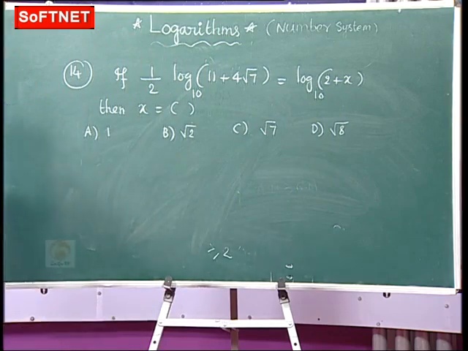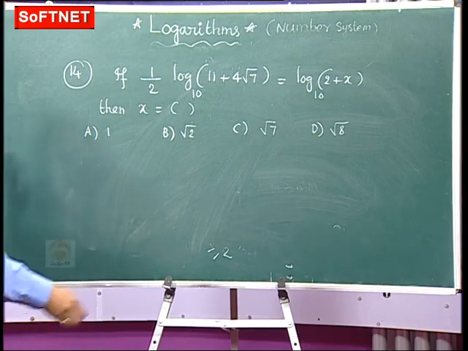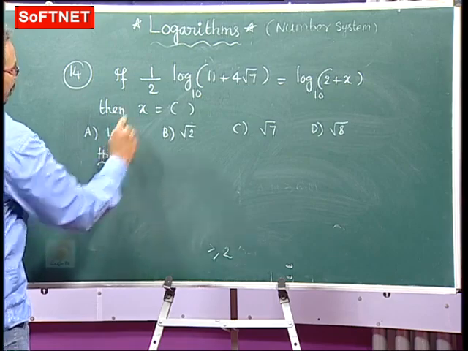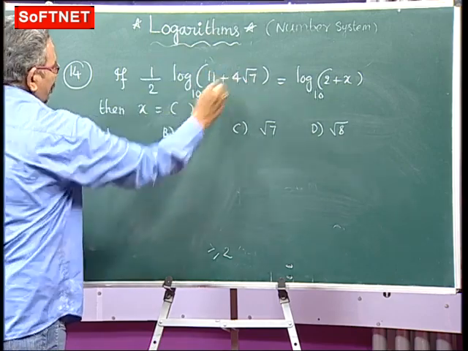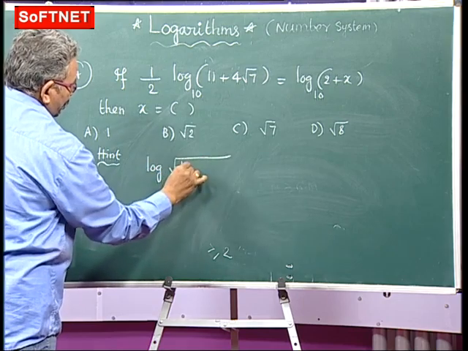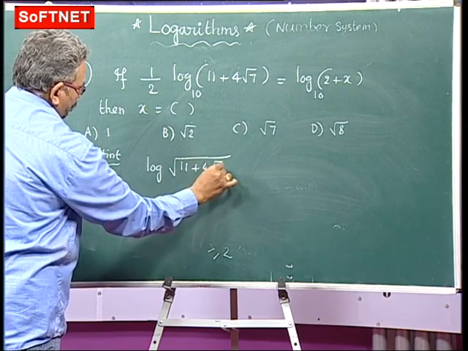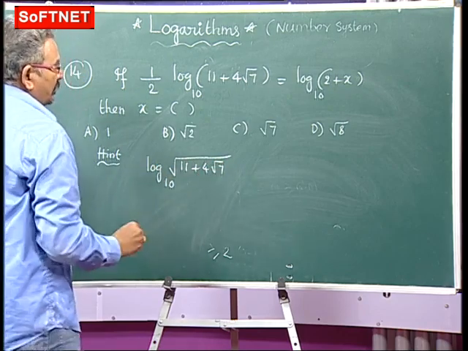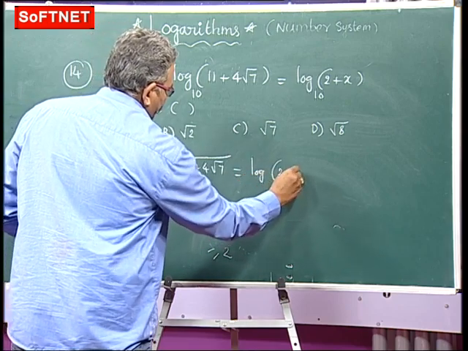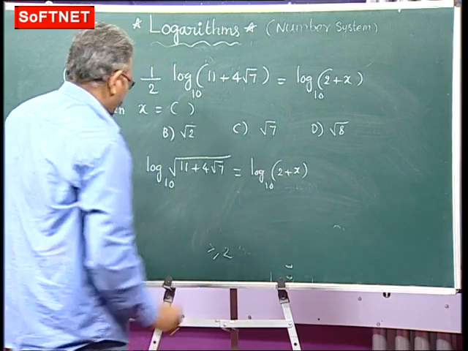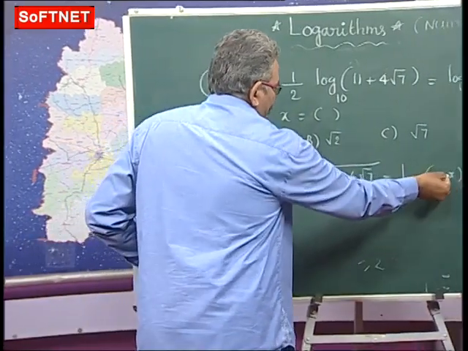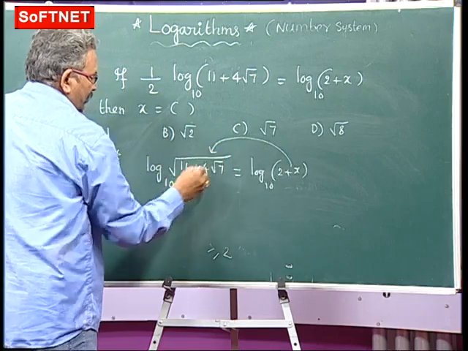Okay. So now here hint, this becomes root of this one is equal to log of 2 plus x to the base 10. So if you compare both sides, what do you get now here? 2 plus x is the square root of this one.